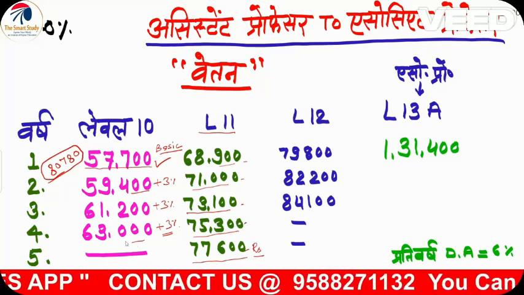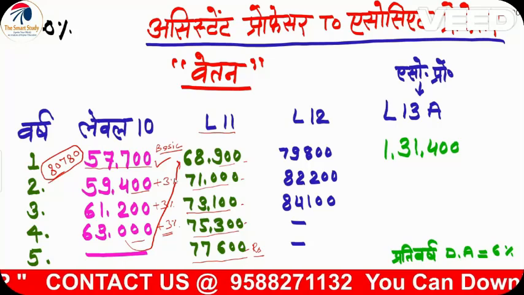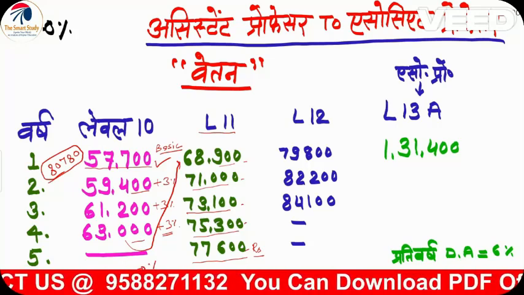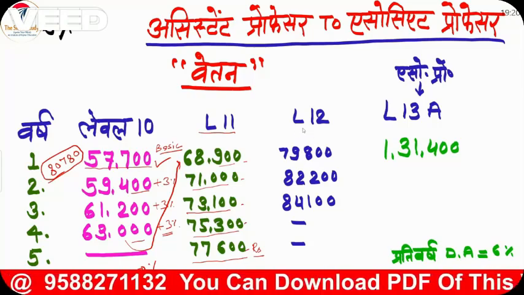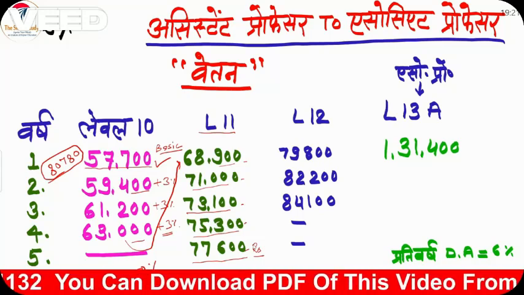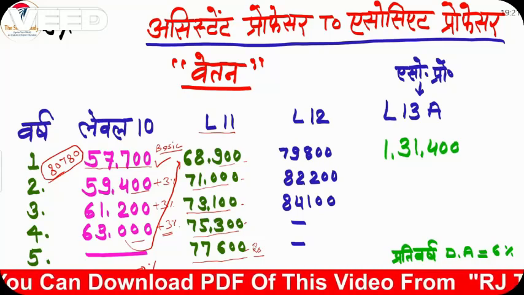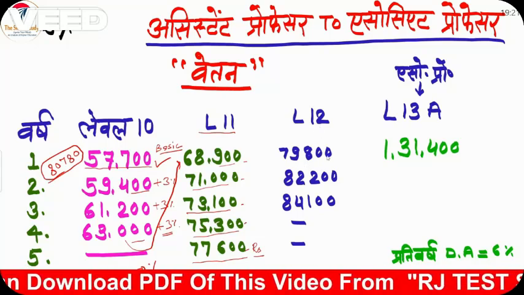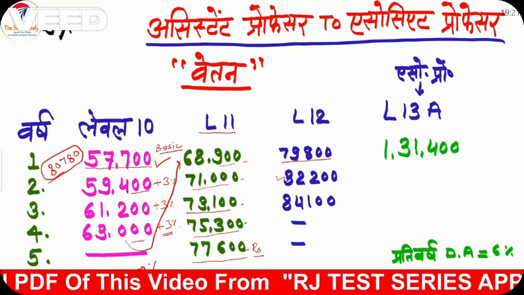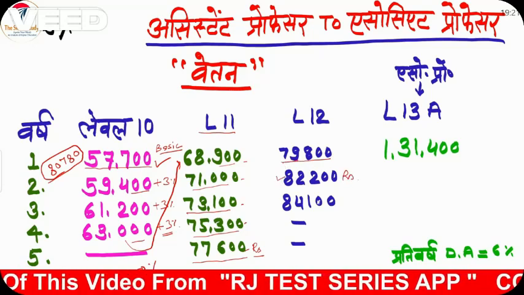When you have served 5 years in level 11, your basic salary will be 77,600. Upon reaching level 10, there is an increment of around 5,000 rupees in your basic pay. However, when you advance to level 11 or level 12, the difference is minimal, with only an approximate difference of 1,200 rupees in your basic salary.